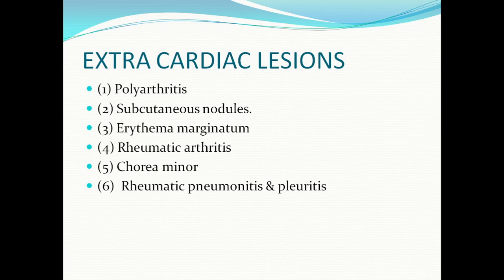Chorea is nothing but an abnormal, unwanted, jerky movement. So chorea minor, and rheumatic pneumonitis and pleuritis. So extracardiac lesions are mainly related to the joints, skin, CNS and lung. The major system involved is the heart, followed by skin, lung, CNS and joint.